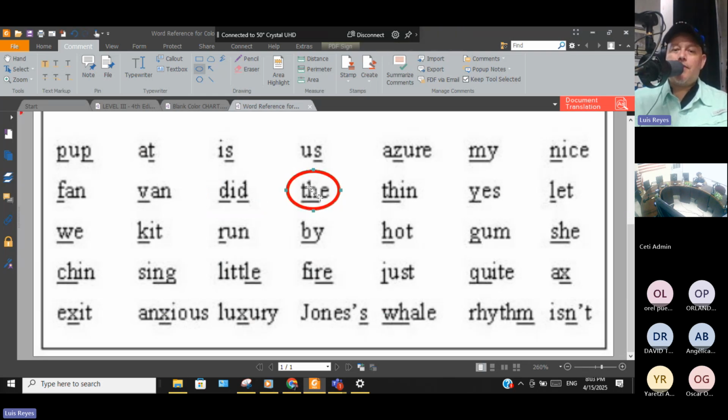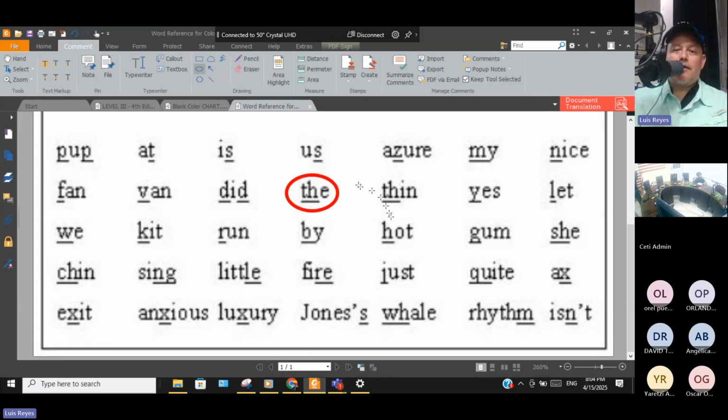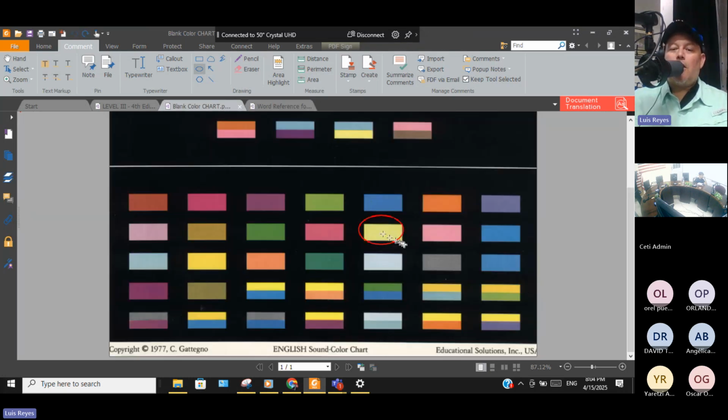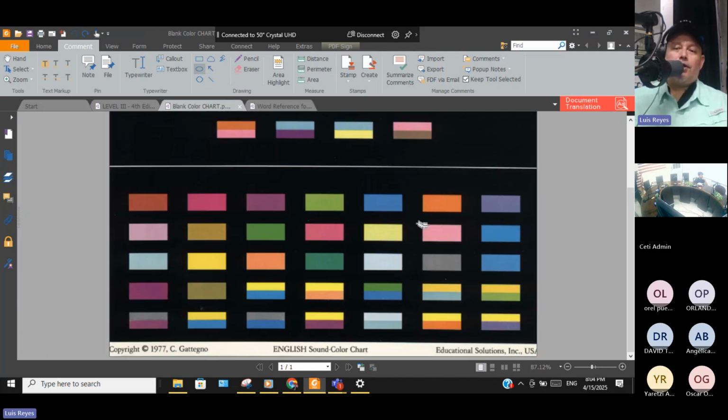The, T-H-E, the on the color chart. Thin, T-H-I-N, the on the color chart. Yes, Y, Y-E-S, Y on the color chart.